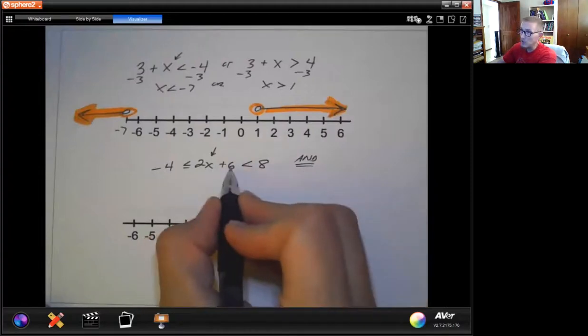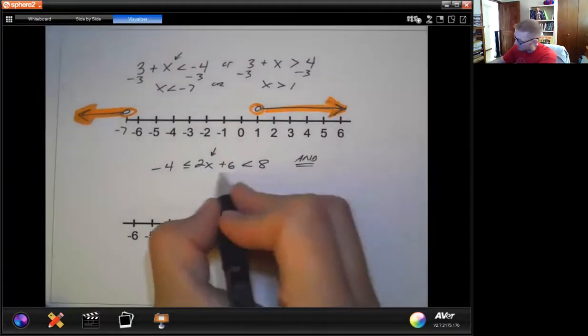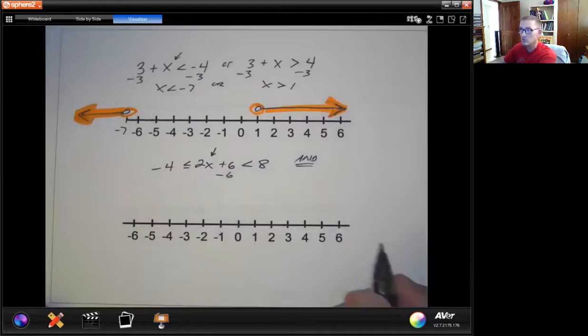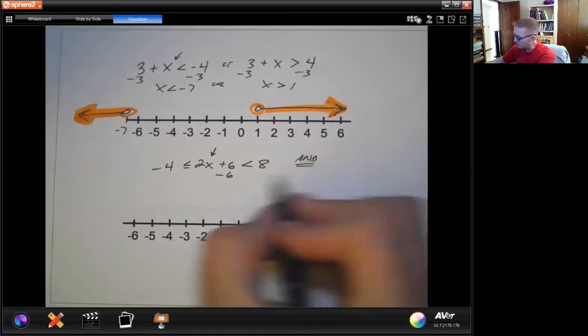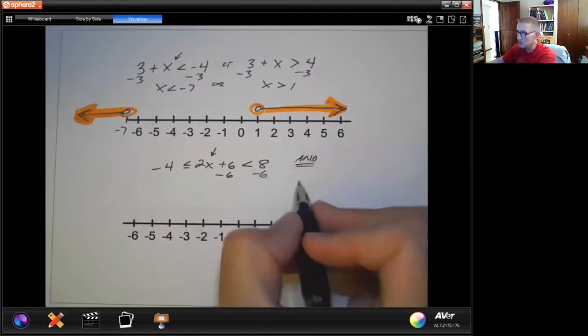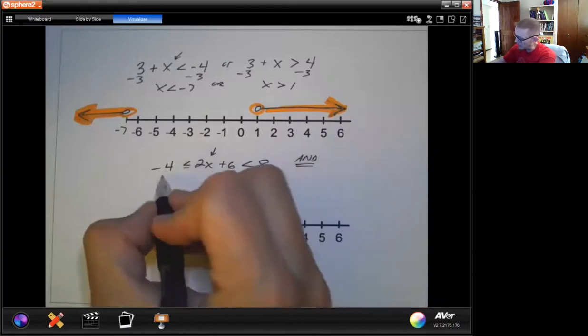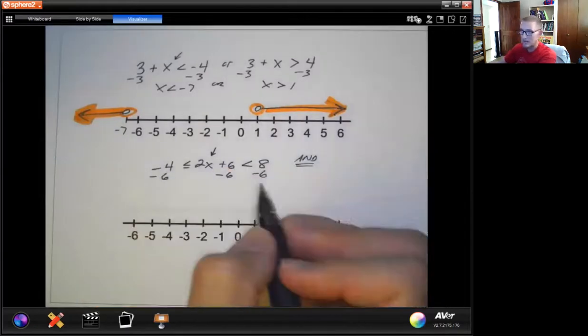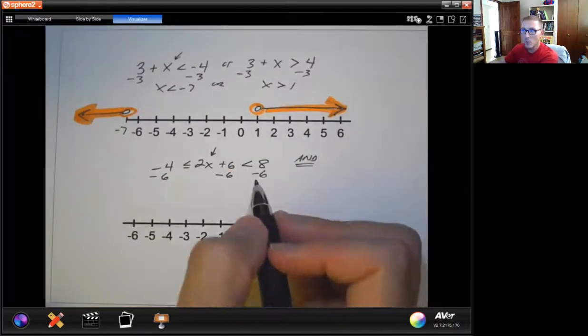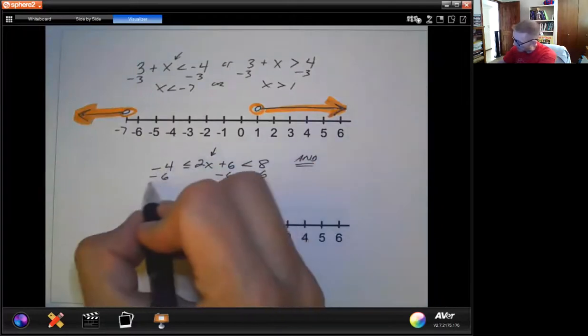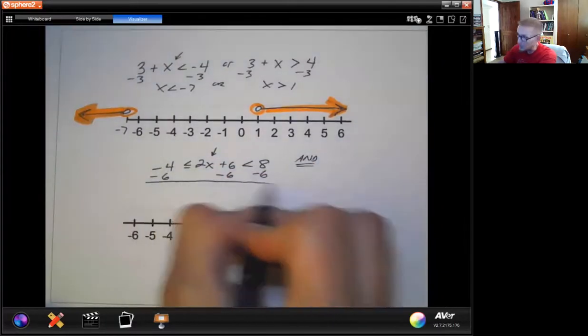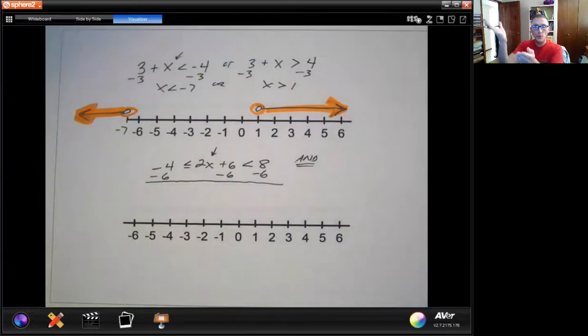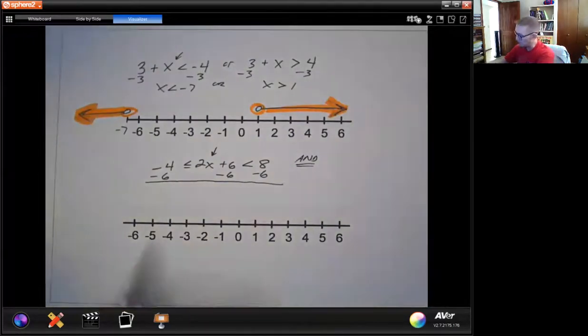So if this is a regular two-step equation, I am going to subtract 6 to begin. Whatever I do to one side, I do to the other. Well, that means I have to subtract 6, but I also have to subtract 6. Because of the way this is written, I have to maintain balance to all 3 parts of the problem.